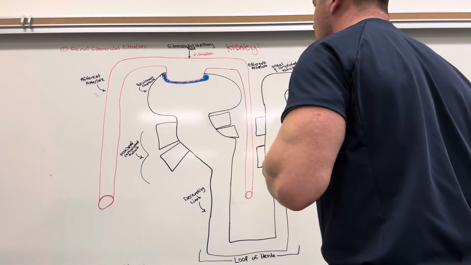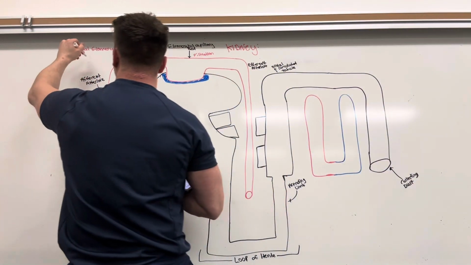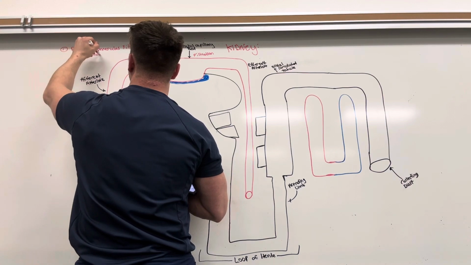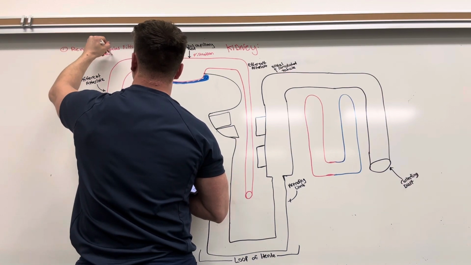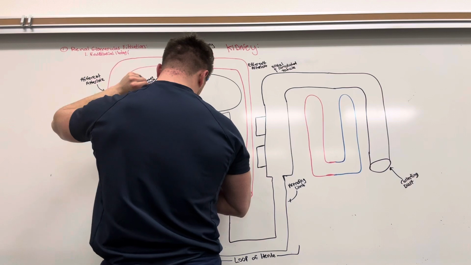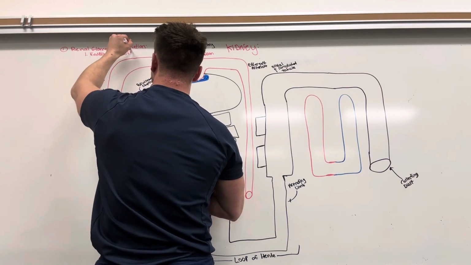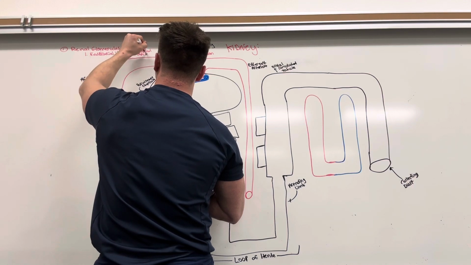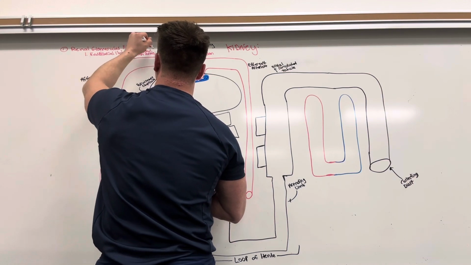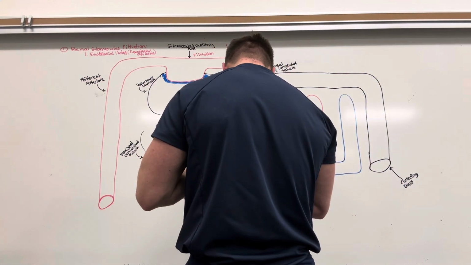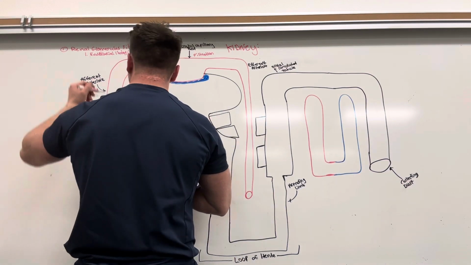Okay, there are 2 parts to filtration that we want to know. The first part is the endothelial lining of this filtration, and that has to do with fenestrated capillaries. Okay, fenestrated capillaries. Then the second thing is the glomerular basement membrane.